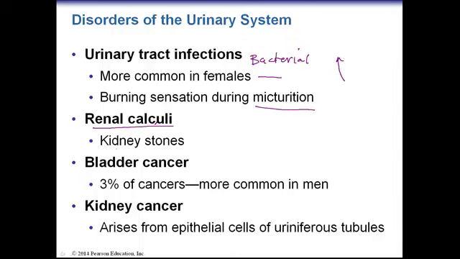There's renal calculi, which we call kidney stones. There's bladder cancer. That's 3% of all cancers. It's not very common. It's a little bit more common in men. Then kidney cancer arises from epithelial cells. Remember, cancer is an uncontrolled replication of body cells, and most cancers are of epithelial cell origin.